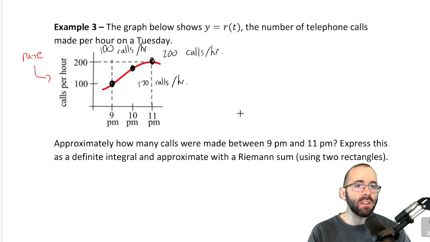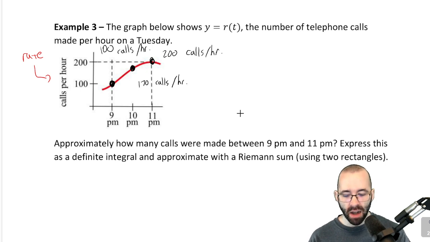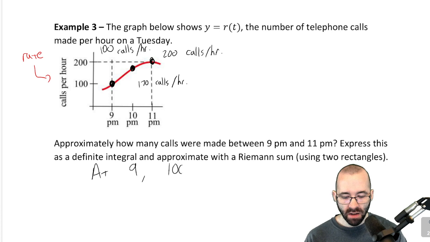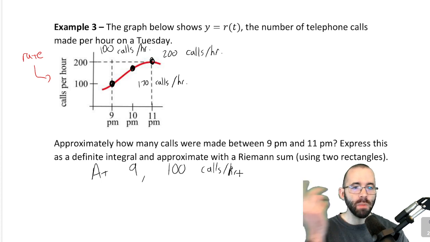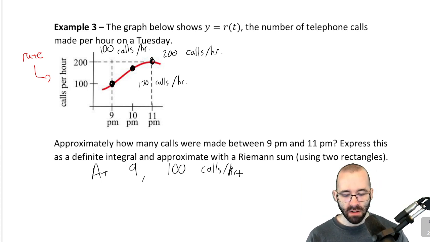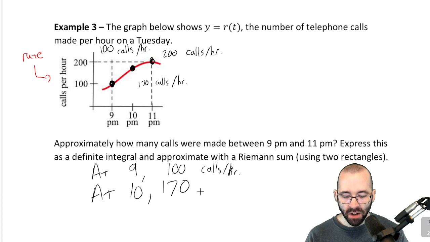We can use this information to estimate, right? Well, if at 9 p.m. there were 100 calls per hour, then how many do we think there were between 9 and 10? 100. And at 10 p.m., we said there were about 170 calls per hour.